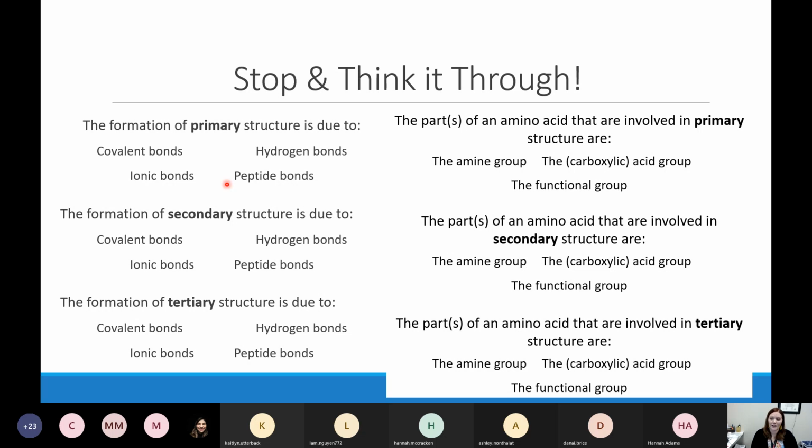Make sure we can identify which of these levels of structure are built using peptide bonds, which are built using ionic bonds or covalent bonds. So use your notes to help you fill in this table. Wink, wink, nudge, nudge. This is an excellent thing to help you with studying. So if we can remember which kinds of bonds and which parts of an amino acid contribute to each of these levels of structure, that will be very helpful for you on the homework assignment and on future quizzes.